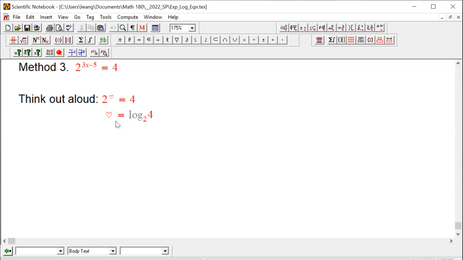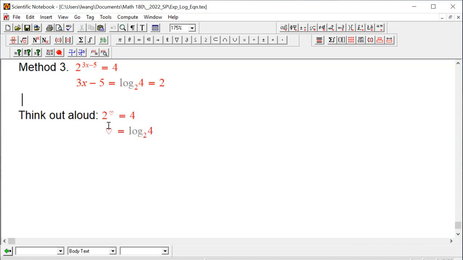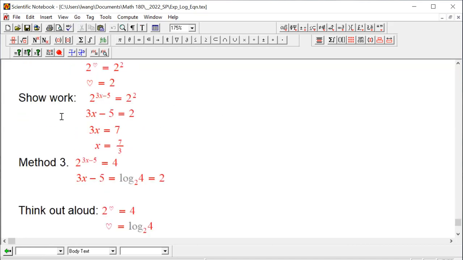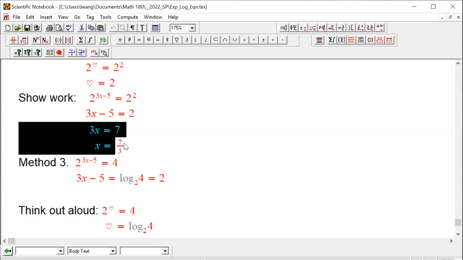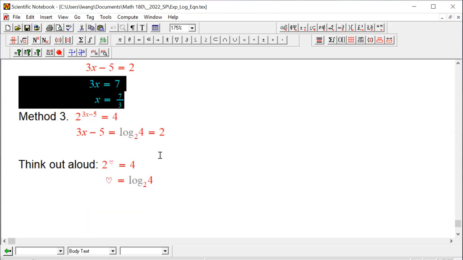You see that? Okay. And of course, when I write down my work, I will write 3x minus 5 equals log base 2 of 4. Log base 2 of 4 is really 2, right? That's a familiar number. And then we go about solving the rest of the steps, 2 more steps.